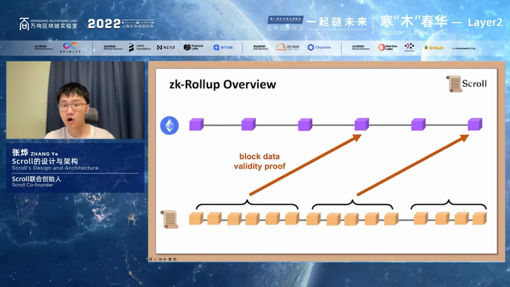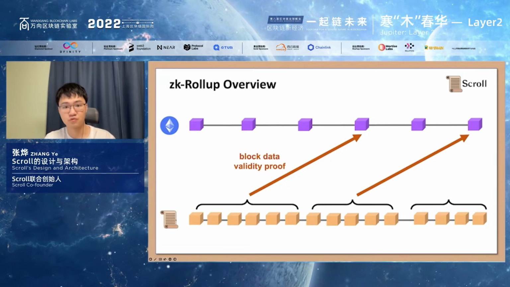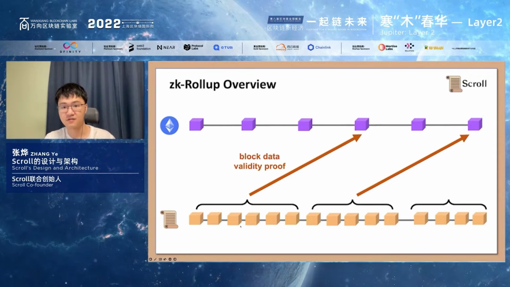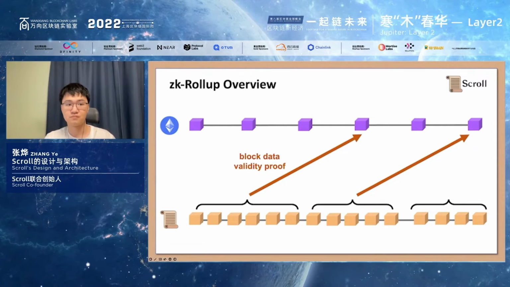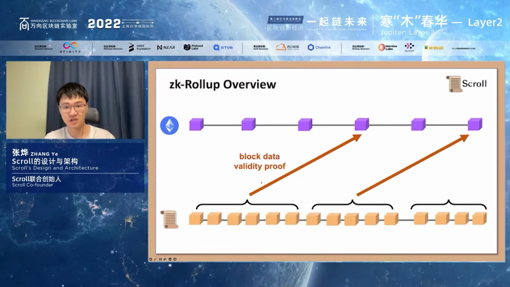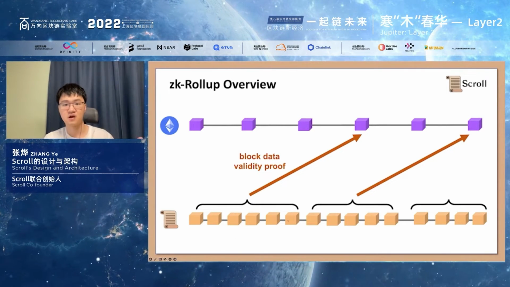So instead of sending all the transactions to Ethereum directly, users can send transactions to Scroll. Scroll can generate layer 2 blocks really fast. Then our Scroll node will run a proving algorithm and generate a succinct validity proof to prove that a batch of transactions are correct.